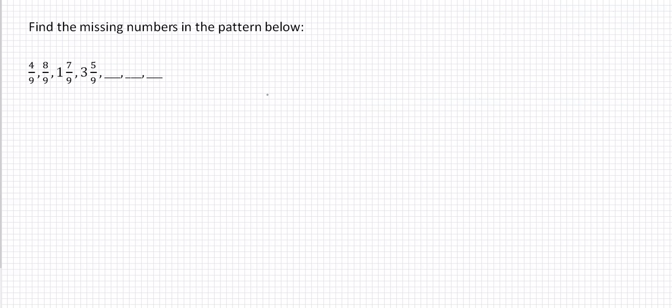Now we have this pattern here. We want to find out the missing numbers in the pattern below. So we're going to go with dividing the second term by the first term. 8/9 divided by 4/9, which is 8/9 multiplied by 9/4, which is 8 multiplied by 9 over 9 multiplied by 4.